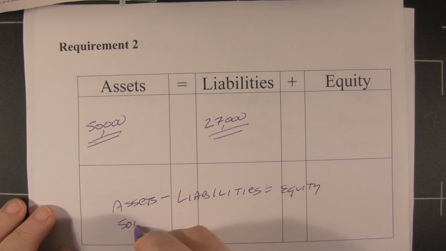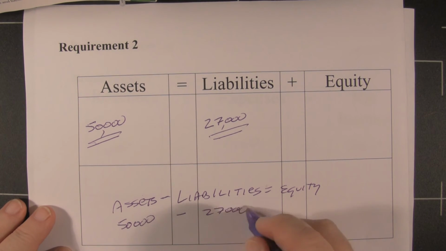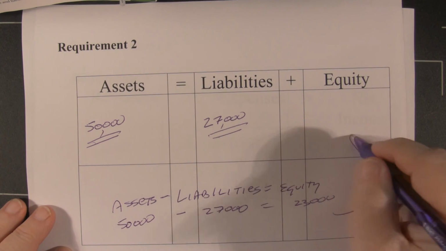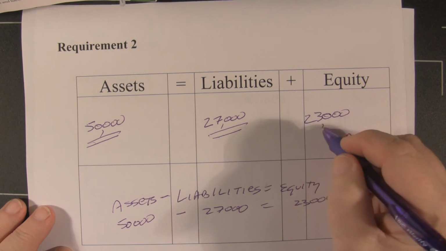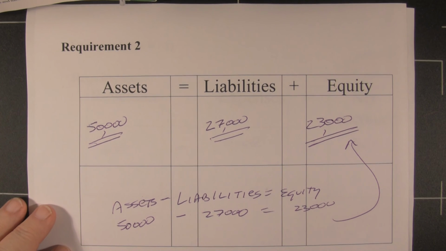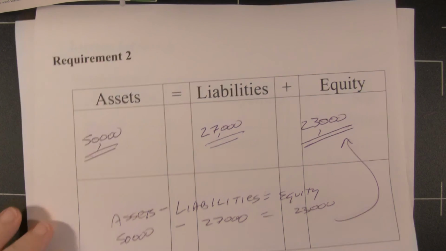So we end up with $50,000 minus $27,000 equals $23,000. And that is our equity.